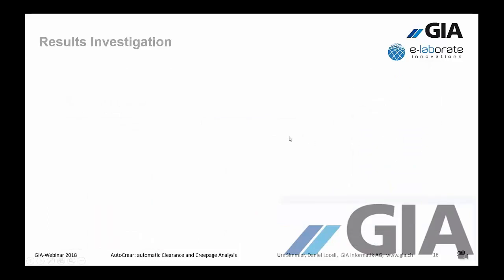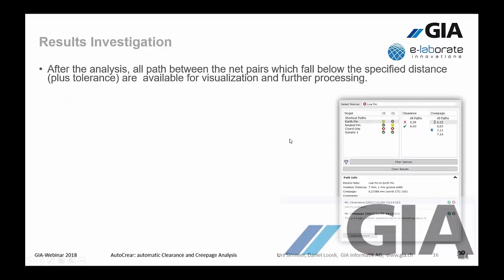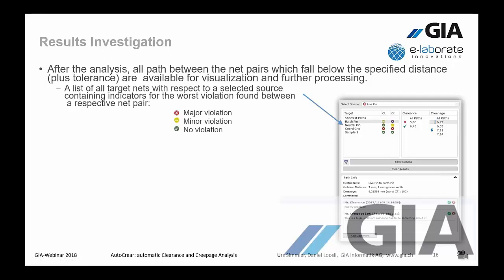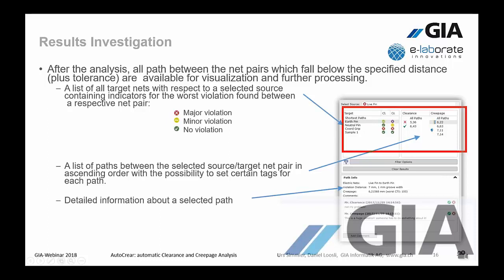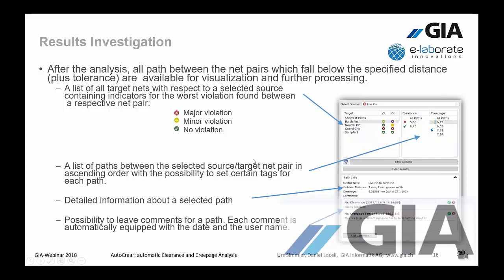Okay, when you have analyzed your components, you have to do some post-processing result investigations, and these can be easily done with the help of this matrix over here. You see all the combinations, and you see the violation paths here, and the violation paths can be documented.